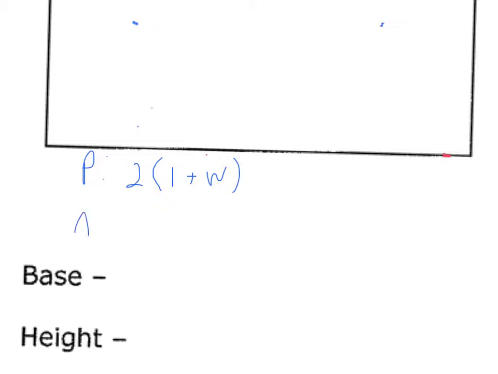If you wanted to find the area, it would just be length times width. Okay, perimeter is 2 times length plus width, area is length times width for a rectangle.